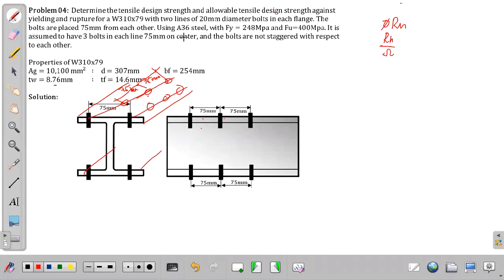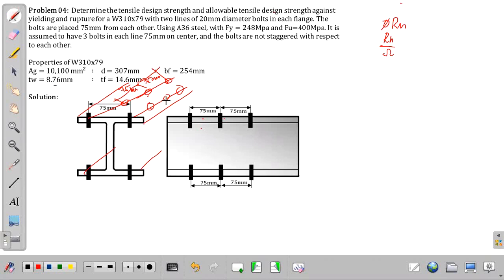So using A36 steel, so A36 have Fy equal to 248 MPa and Fu equal to 400 MPa. Okay? So the problem is assumed to have 3 bolts. So tatlong bolt in each line, 75 mm on center. Okay?